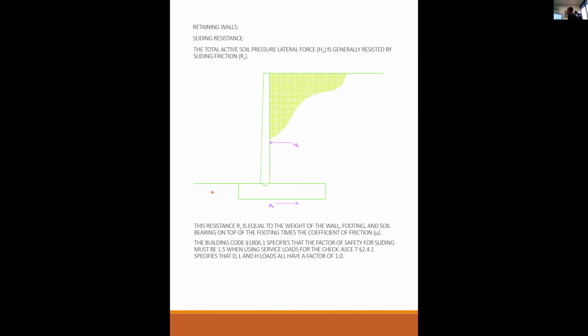ASCE 7, that's another code book that gives us loads, section 2.4.1 specifies that D, L, and H loads all have a factor of 1 when calculating the sliding and the sliding resistance. But the important thing is that the code says you have to have 1.5 times more capacity than you do demand. And that's just a factor of safety against these things sliding.